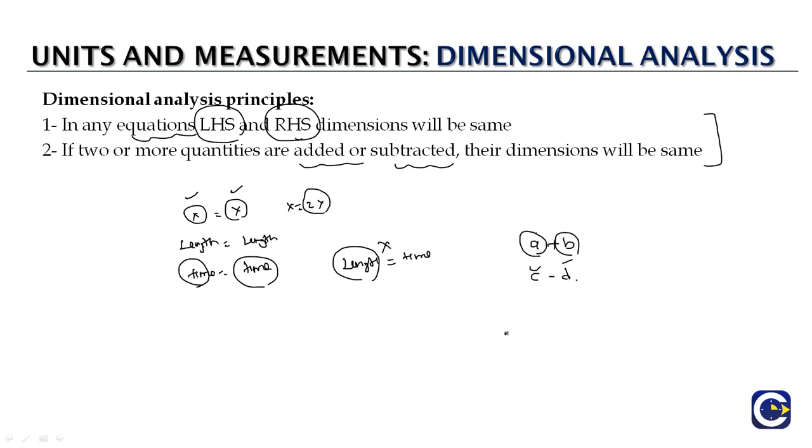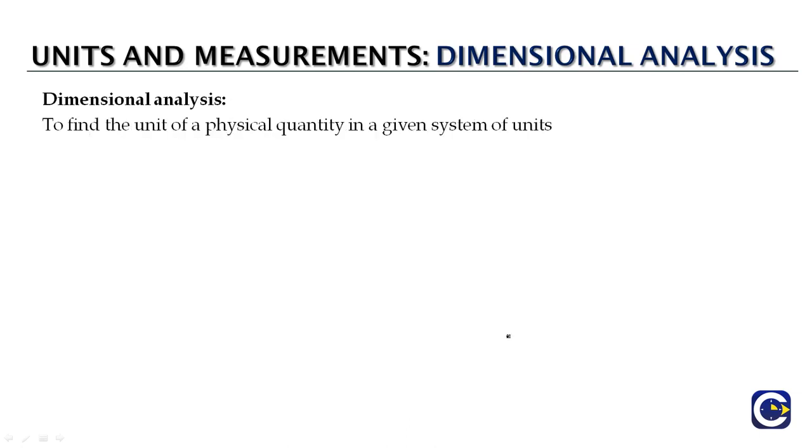Now, dimensional analysis gives a set of useful results based on the two principles. First, it helps us find the unit of a physical quantity in a given system.